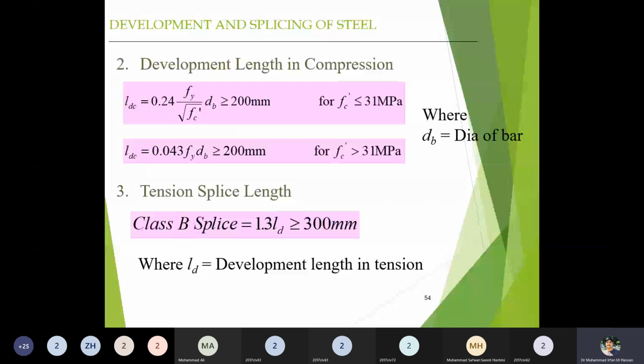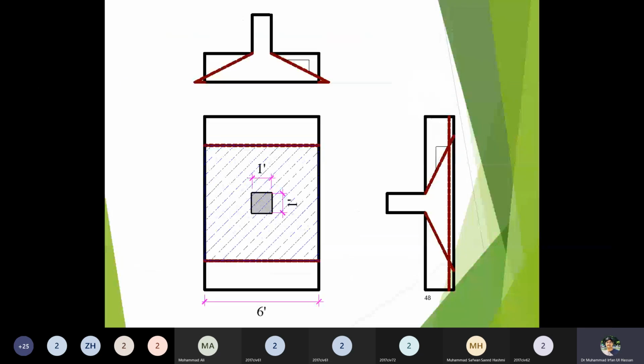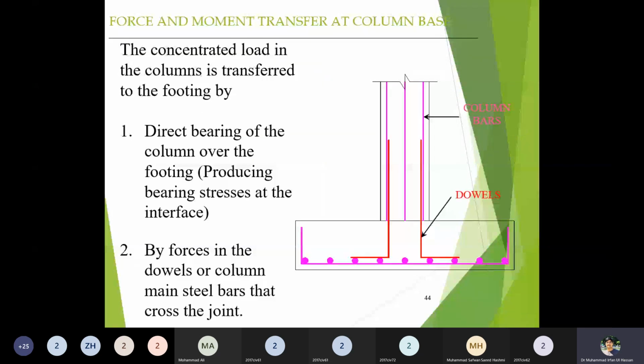Then we will splice the reinforcement in the column, like it is shown, the red colored dowels, which are spliced with the column steel by using the splice length formula, and extended into the footing by using the development length expression. So the total extension in the footing is not only the vertical part but also the horizontal part.